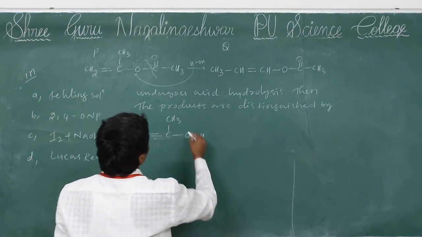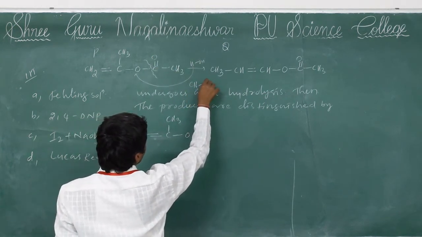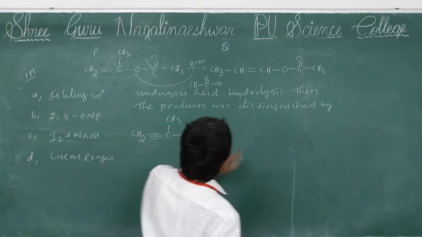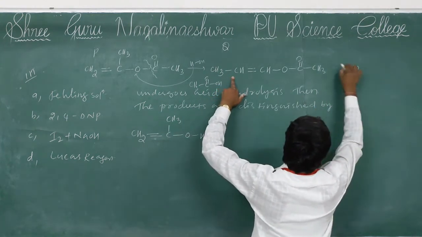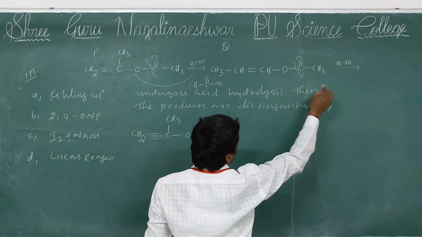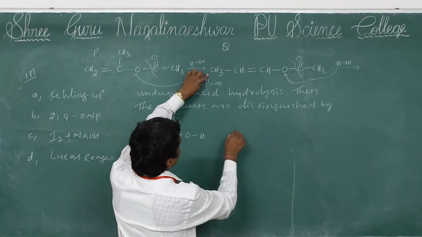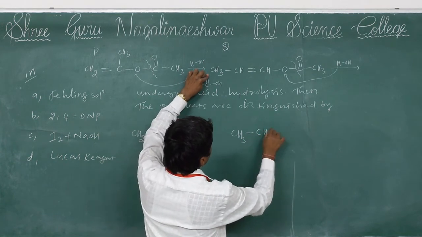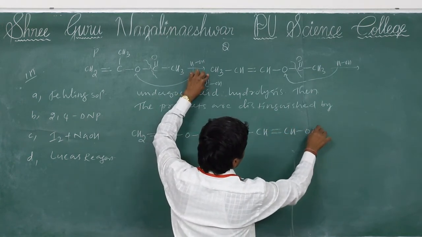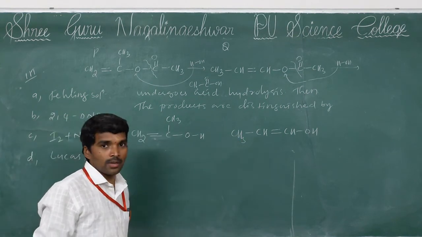The byproduct is CH3-C(=O)-OH, a carboxylic acid. So here also the Q compound undergoes hydrolysis. The bond breaks near the carbonyl carbon, then hydrogen is attached to the oxygen. Then CH3-CH=CH-OH is formed. So these two products are formed.